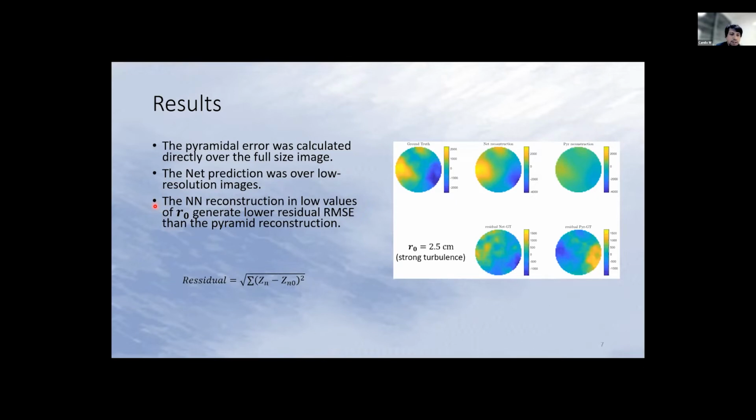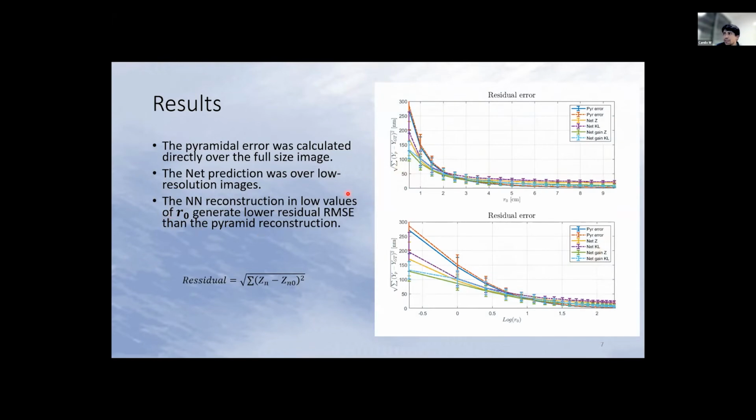And finally, the neural network reconstruction at low values generates lower residuals than the pyramidal system. For example, you can see here the residual error, in logarithmic values of the R0, that for low values of R0, strong turbulence, we have a residual for the pyramid.